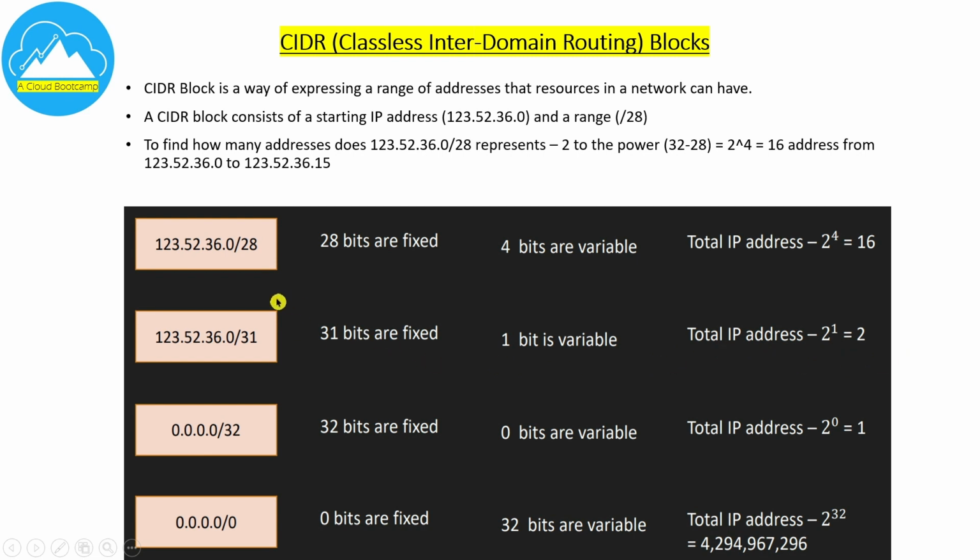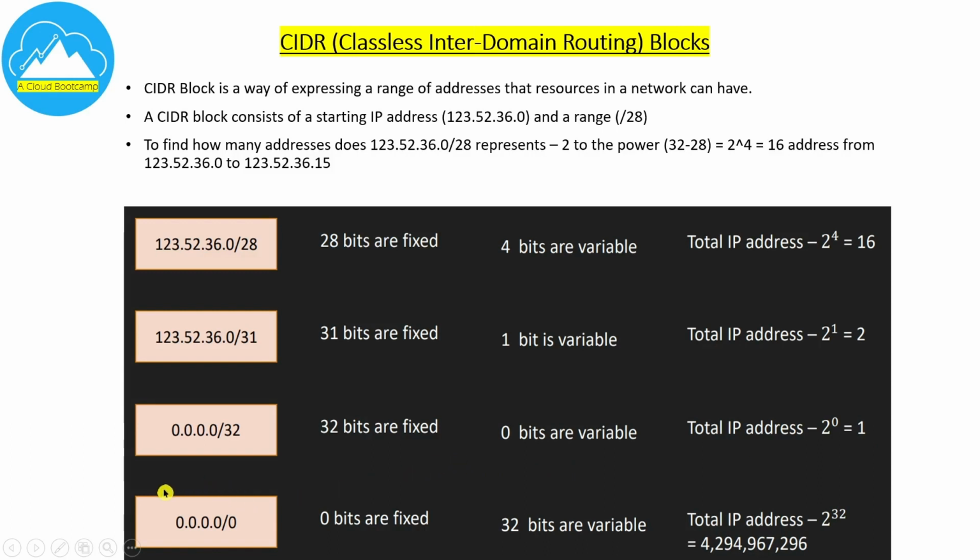So if we are using /31, we can only get 2 IP addresses in the networking world. And if we are using 0.0.0.0/32, wherein 32 bits are fixed and 0 bits are available, because 32 minus 32 is 0, the total IP address is 2 raised to 0, which is 1.